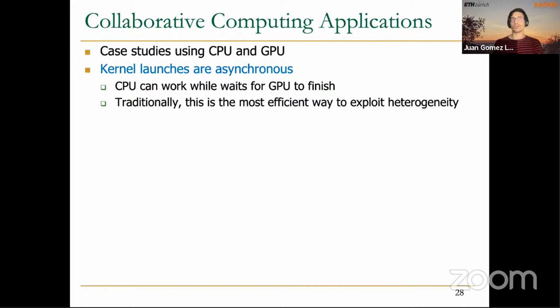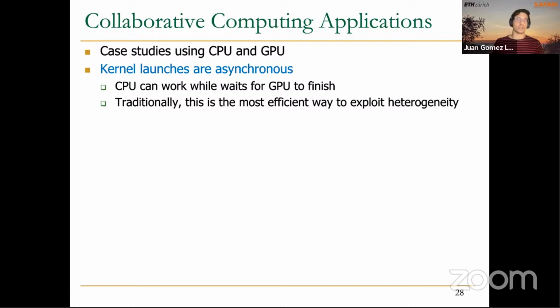In the traditional approach, it's really not very easy, because it's more like taking advantage of the CPU time while the GPU is doing something. And that's something we can do because the kernel launches are asynchronous.